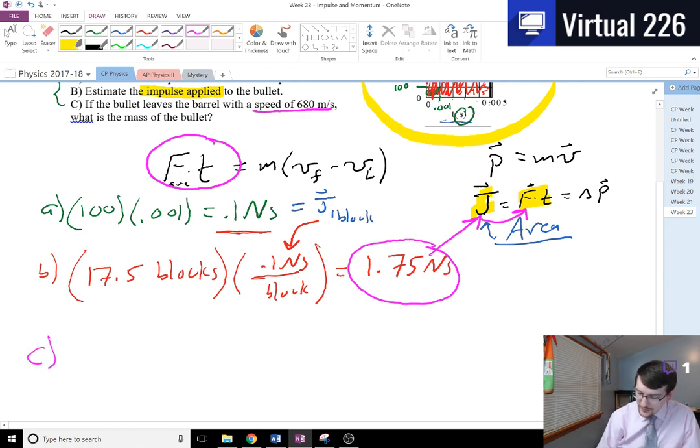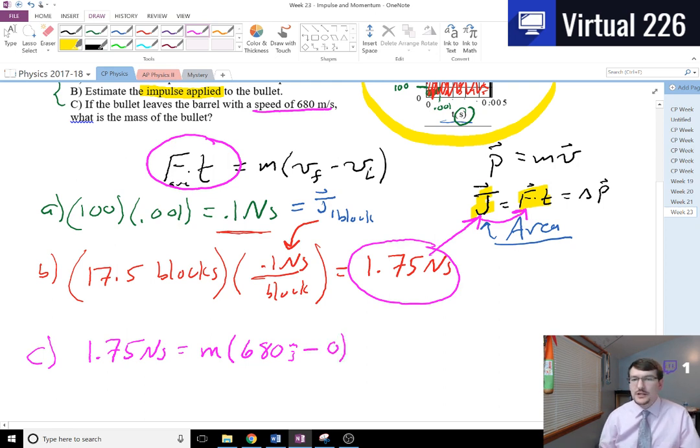So what I can write for part C is 1.75 Newton seconds equals the mass of the bullet, which I have no idea what it is, we're looking for it, times the final velocity. We know it leaves the barrel with 680 meters per second, and its initial velocity was 0 because it was just sitting there in the gun. Since that's subtracting 0, we don't even have to put that.